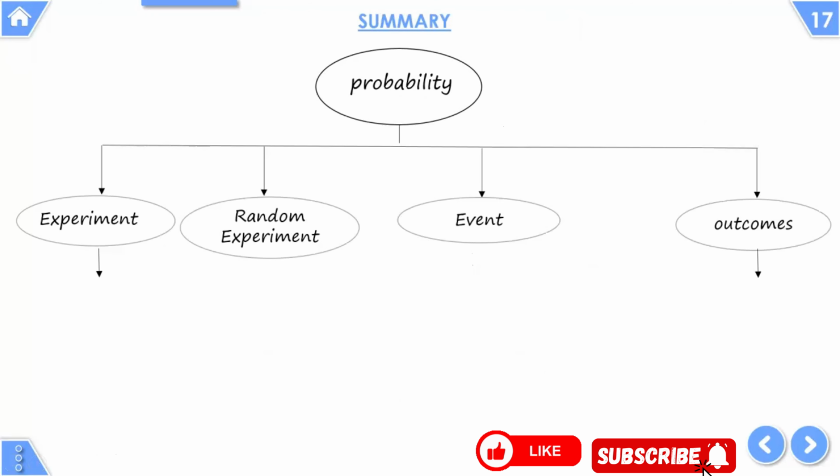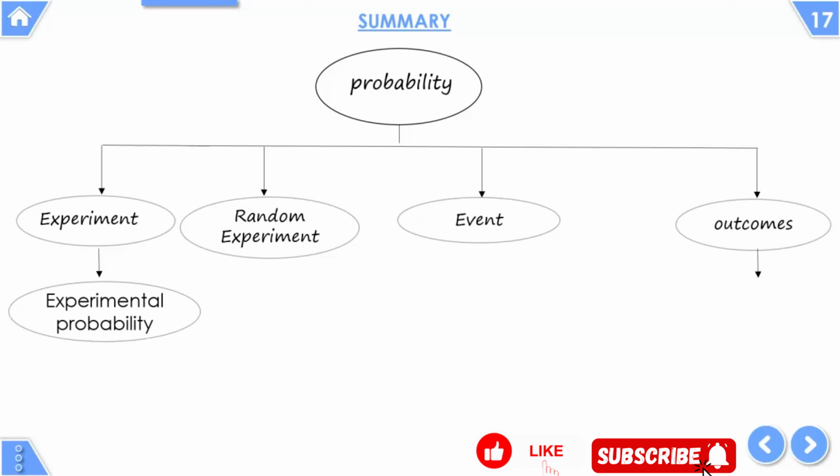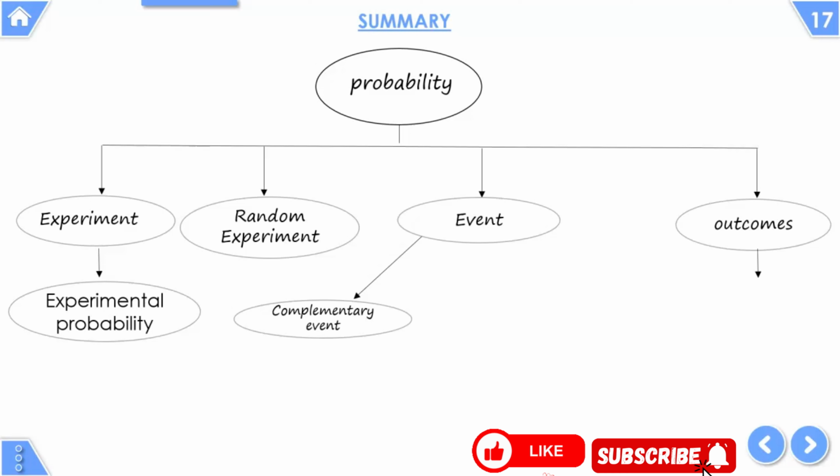Let's look at our overview of probability. In probability, we have these 4 branches. Either you have an experiment, a random experiment, event, and then outcomes. These are the major things we are dealing with. And then we have experimental probability, where we work out an experiment and then we find out the probability of a particular event occurring. And for the event, we have complementary events that will or will not happen.